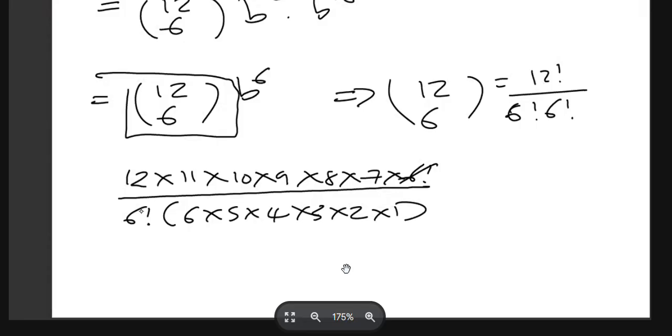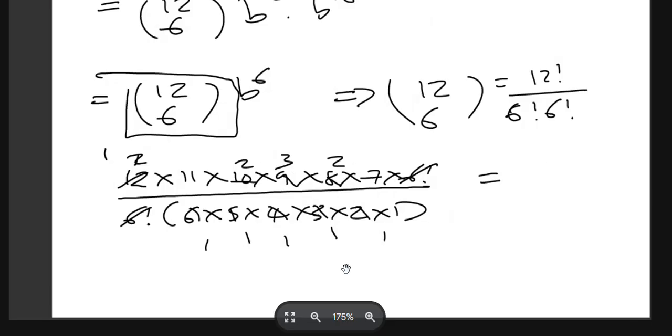So this factorial and that one goes. This one 1, this one 2, this one 1, this one 2, this one 1, this one 2, this one 1, this one 3, this one 1, this one 1. Everything is sorted, so 11 times 2 times 3 times 2 times 7.